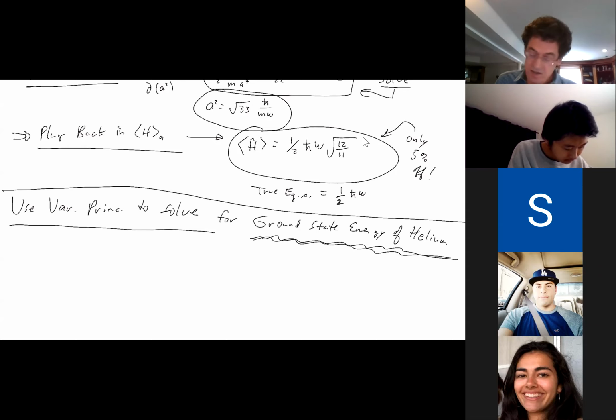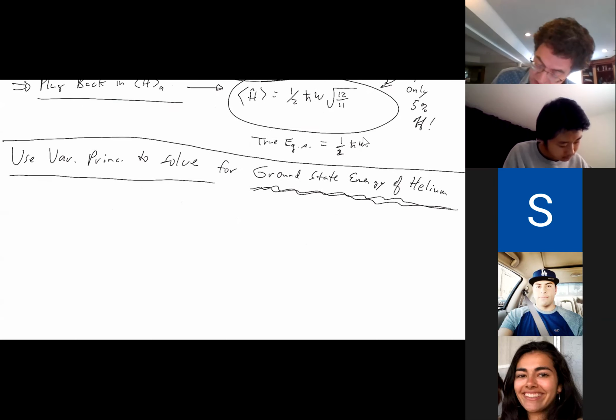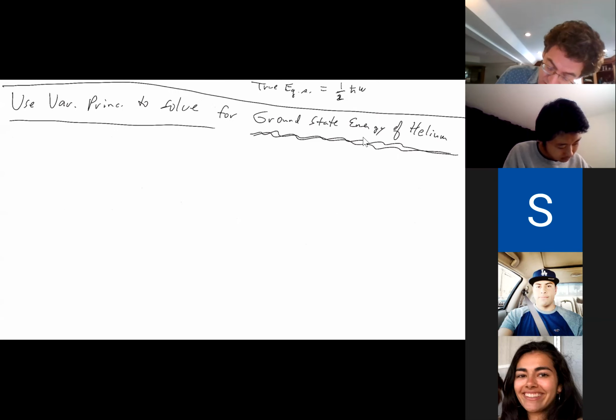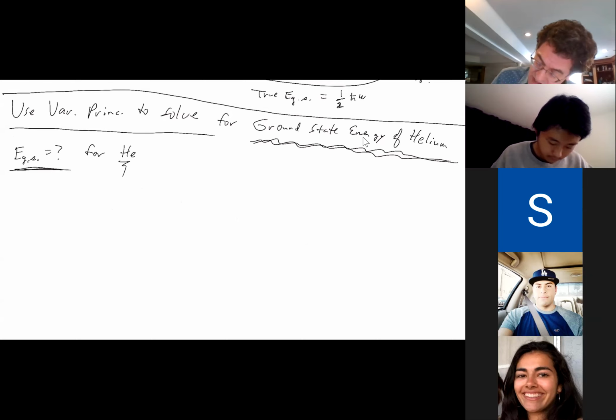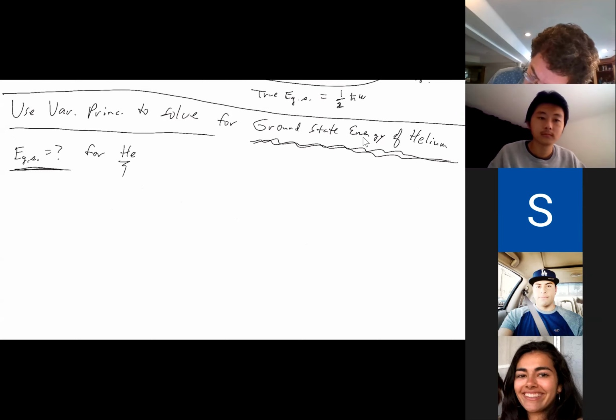This is hard. So what does the ground state energy of helium equal? And you guys remember what helium is. Helium is this guy where we have 2 protons, and that creates a Coulomb potential.